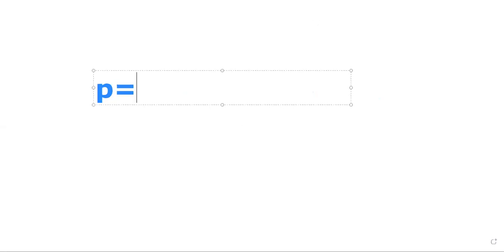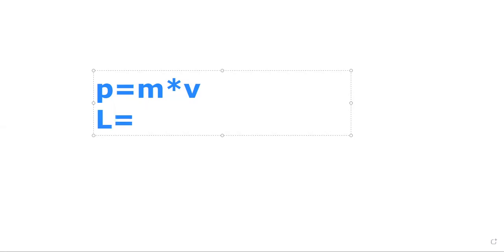Okay. First of all, we know that there's a linear momentum, which is P, and we say that it's equal to m, which is the mass, times v, which is the velocity. And we say that there is an angular momentum, which is L, equal to R, or the radius, times the linear momentum.